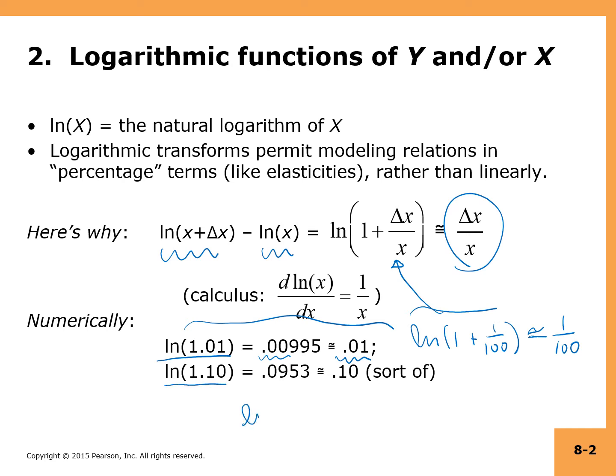This can be rewritten as 1 plus 1 over 10. And our formula says that this can be approximated by 1 over 10, which is 0.1. And when you calculate log of 1.1, it's actually 0.09, which is close to 0.1.